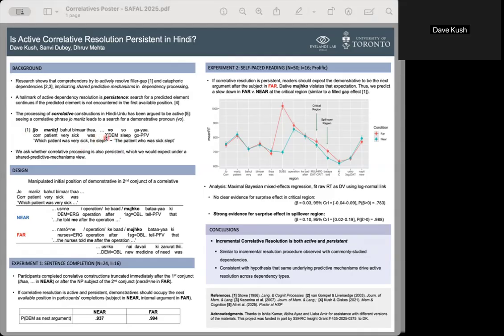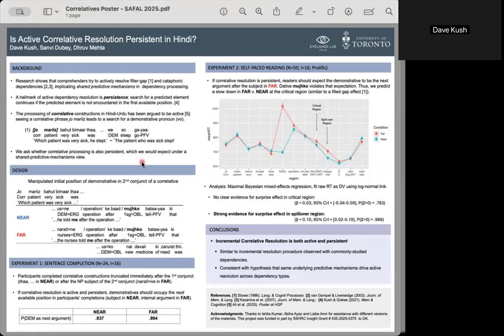In order to do that, we ask whether comprehenders continue to actively search for a demonstrative pronoun to license a correlative phrase if they find that the demonstrative pronoun is not in the first place that they predicted. Do they keep looking later in the sentence?